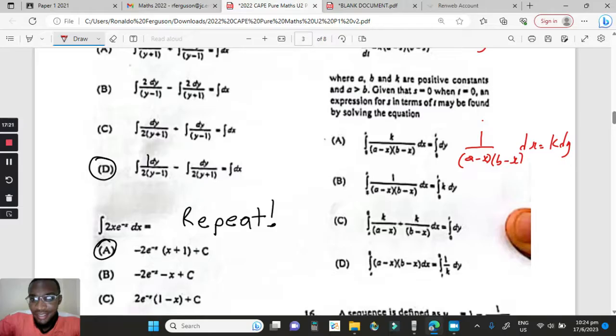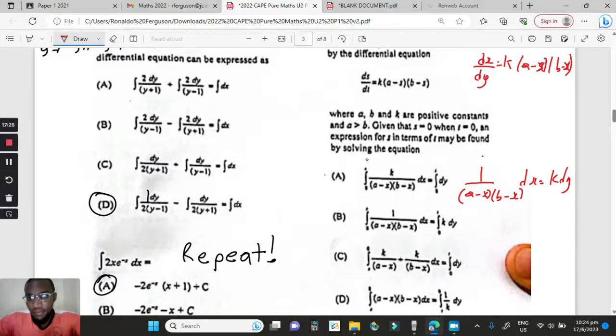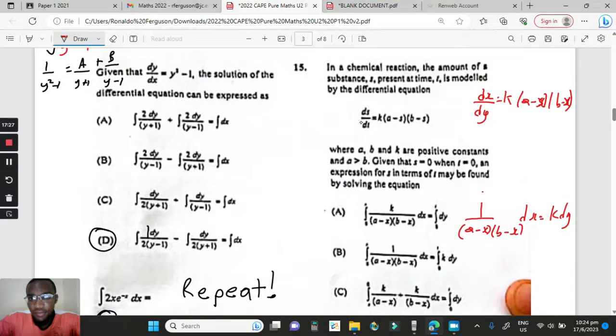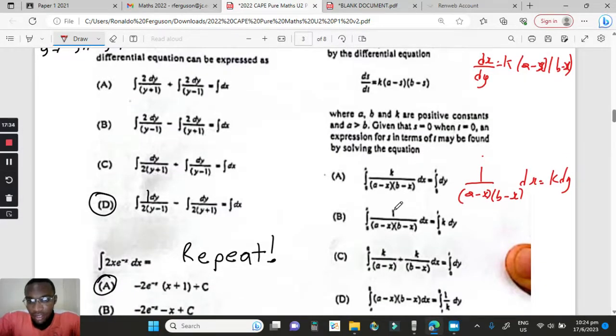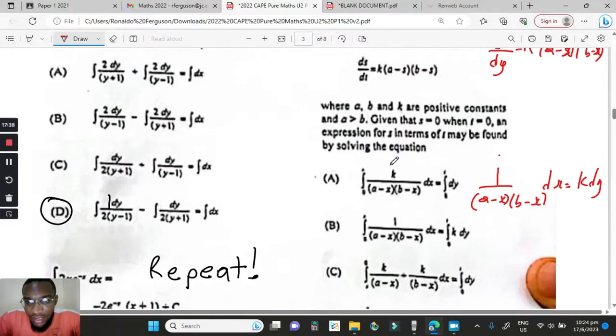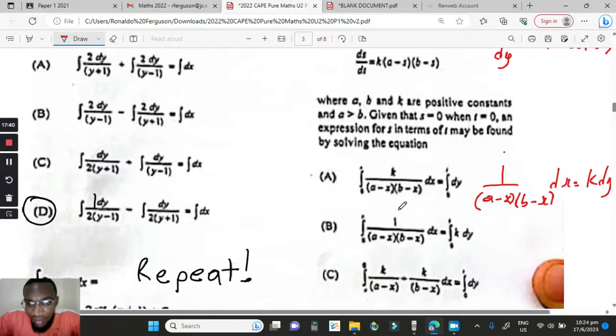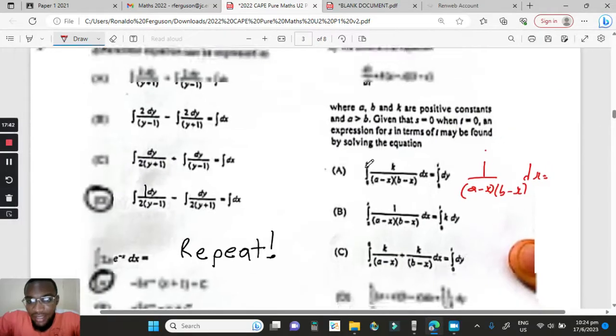Alright. So k is a constant. So this option and this option, I want to see what are these limits, because these a and b are fine. I can hardly see.